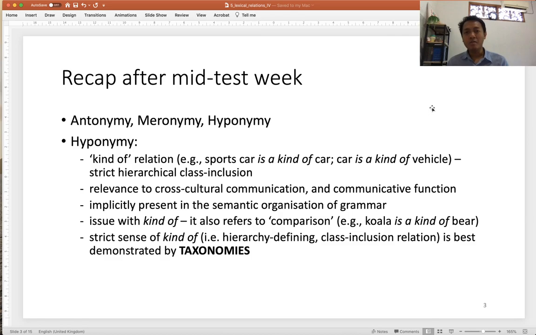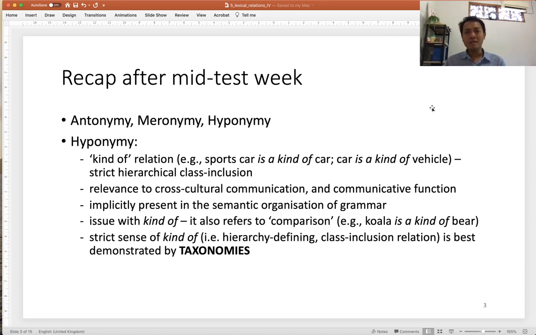So you use kind of to help someone understand something by comparing two different things, like when your friend doesn't know what a koala is. So you use a comparison between koala and a bear in a clause that has a kind of phrase, such as koala is a kind of bear. Even though you know that strictly speaking, koala is not the hyponym of bear. Yeah, koala is a kind of marsupial, a different kind of animal.